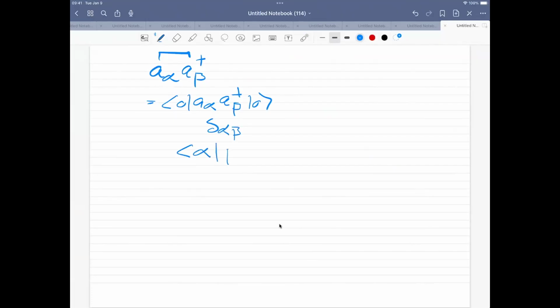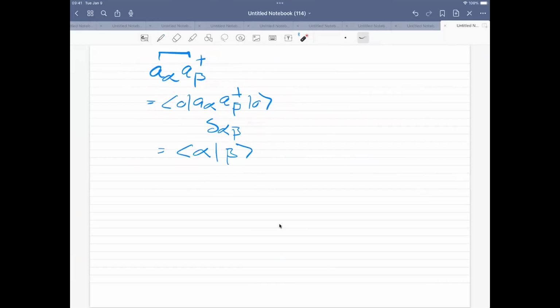If I write this out in my basis, I create a state with a particle in the single particle state beta. And then on the bra side, I have a single particle state alpha. The basis I've chosen, the computational basis, is orthonormal, which means that due to orthonormality, this has to be equal to the Kronecker delta. So this is going to be a compact notation, which means this.